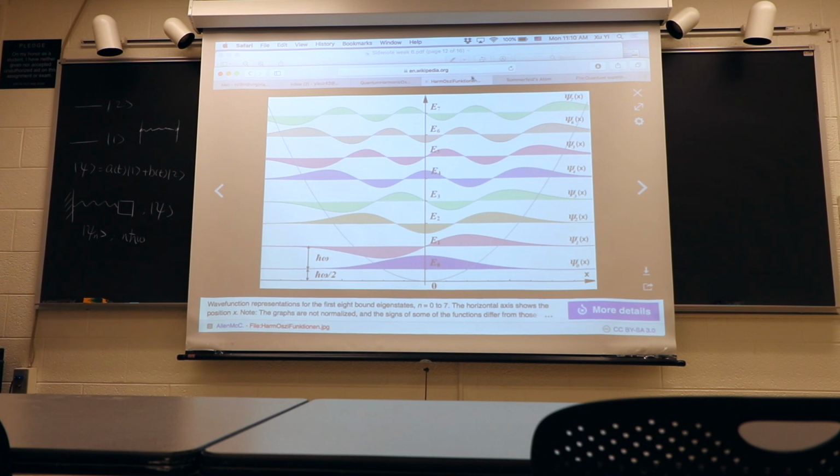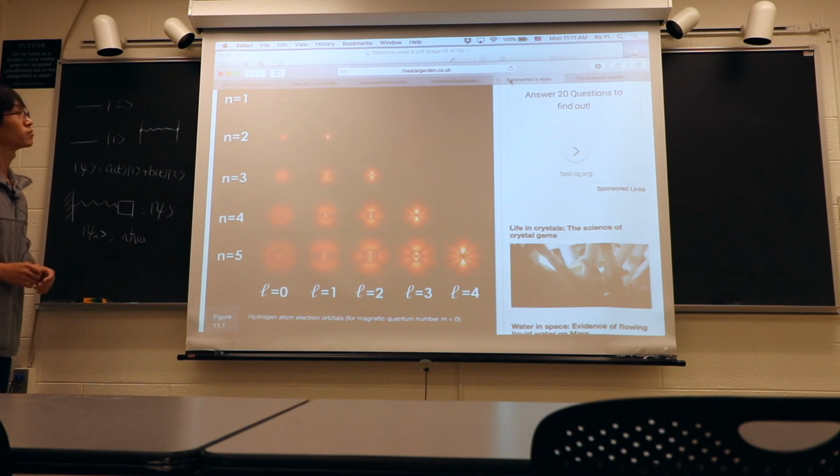Okay. And so this is the harmonic oscillator. Then what about the hydrogen atom? For the hydrogen atom, it's somewhat similar, and you can also plot the wave function.